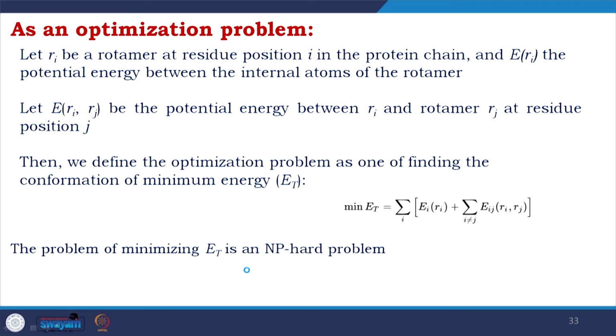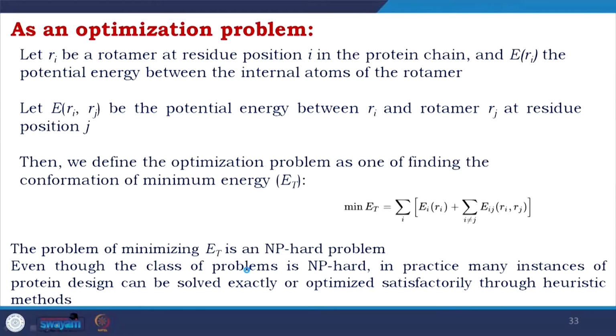This minimization is considered an NP-hard problem. But even though the class of problem is NP-hard, in practice many instances of protein design can be solved exactly or optimized satisfactorily through heuristic methods.